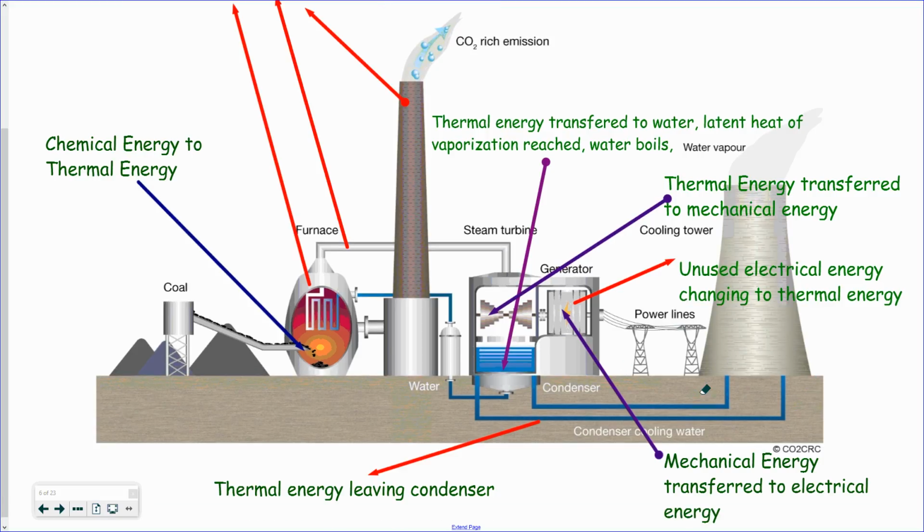However, this is not a clean transfer. Not all of this energy is going to go directly from the turbine to the generator. You still will have thermal energy that will leave the steam turbine into the ground. You will have unused electrical energy changing back to thermal energy, and that's why the casing around the generator gets warm.